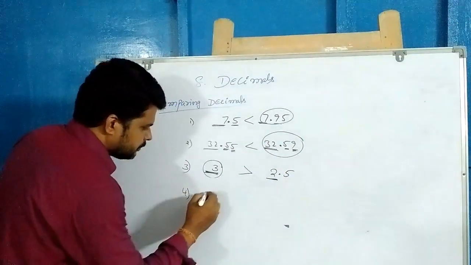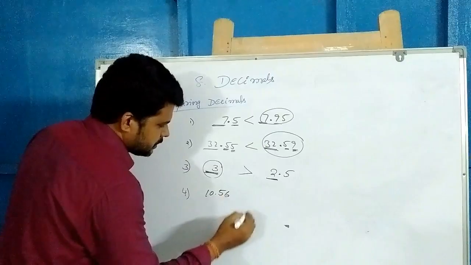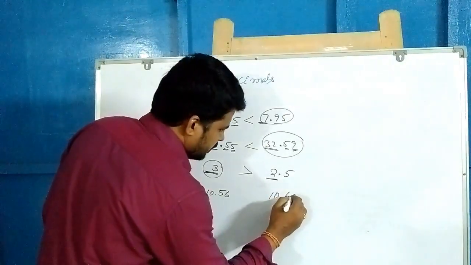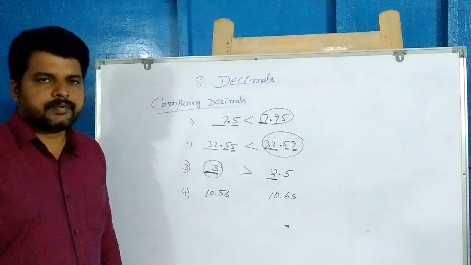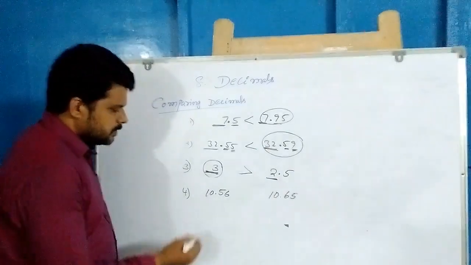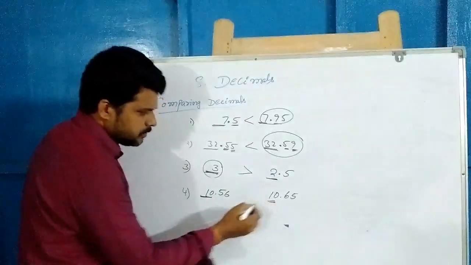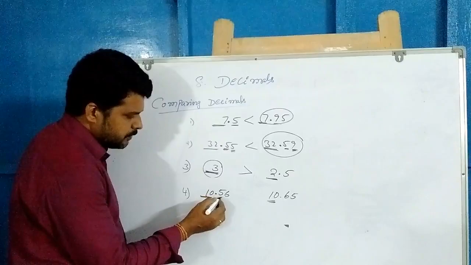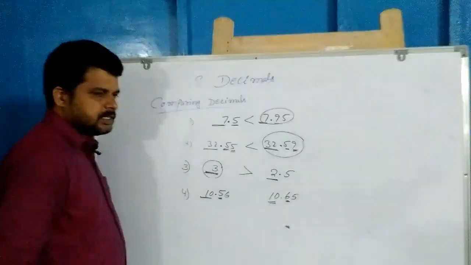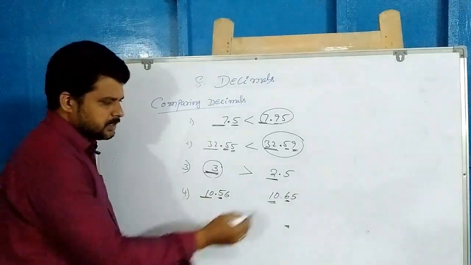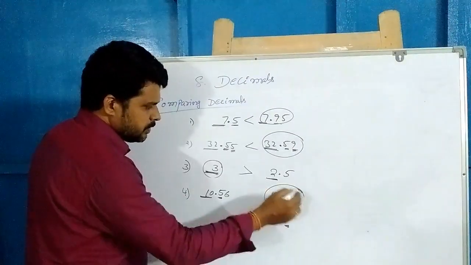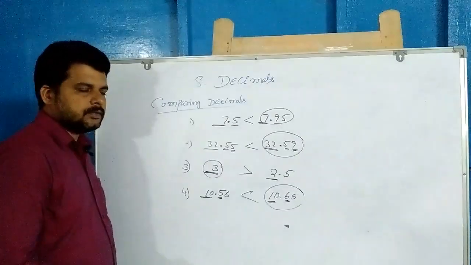Another example, 10.56 and 10.65. First check the whole number part. Both have 10. So after the decimal, the first value is 5, the first value is 6. Compare 5 and 6. 6 is the big one. So 10.65 is the bigger one.